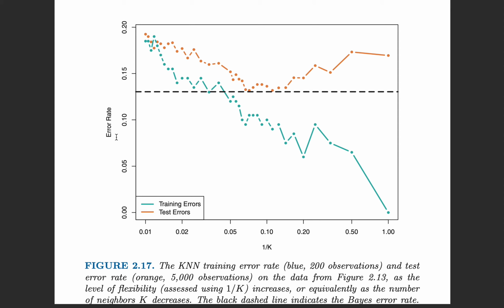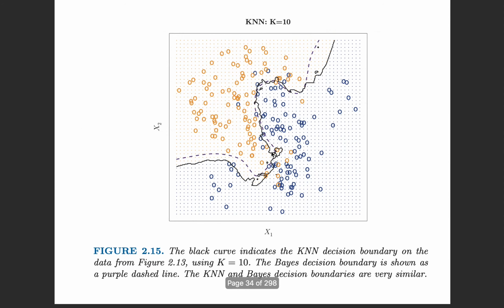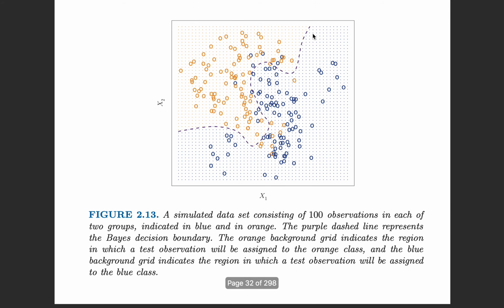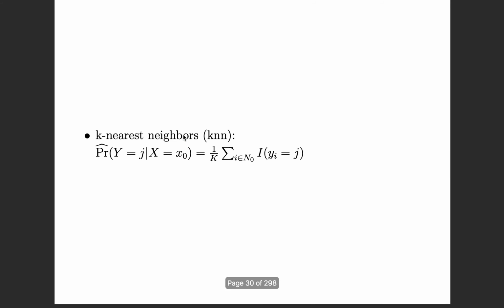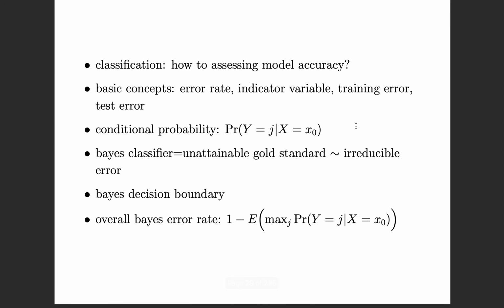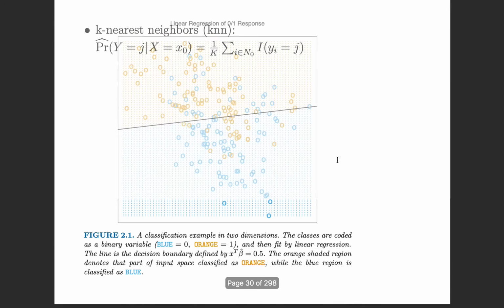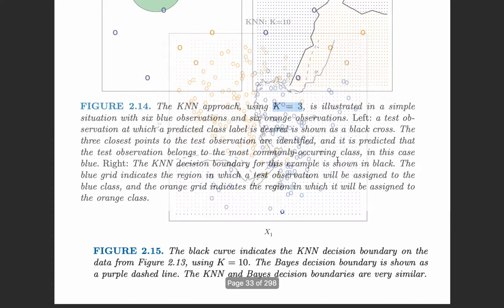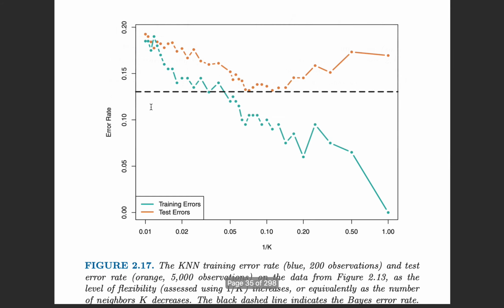It's a binary classification problem, and this dashed line represents the optimal Bayes classifier. If an oracle had told us what this conditional probability is, this is as good as we could have gotten.